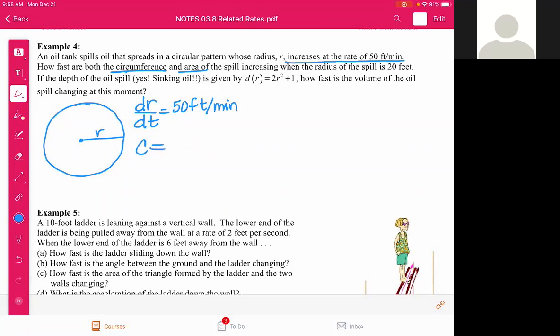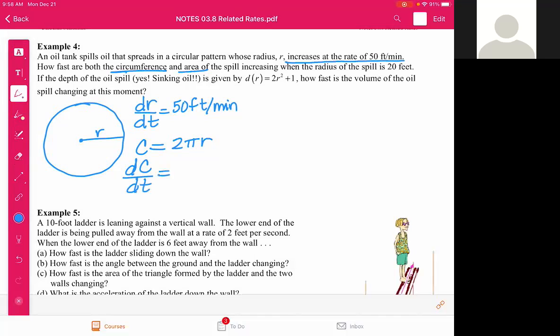Circumference equals, the formula for circumference is 2 pi r. Remember, 2 and pi are constants. Don't treat this as product rule. This is just a constant 2 pi times the radius. So if I want to see how fast that circumference is changing, I'm really looking for dC/dt.